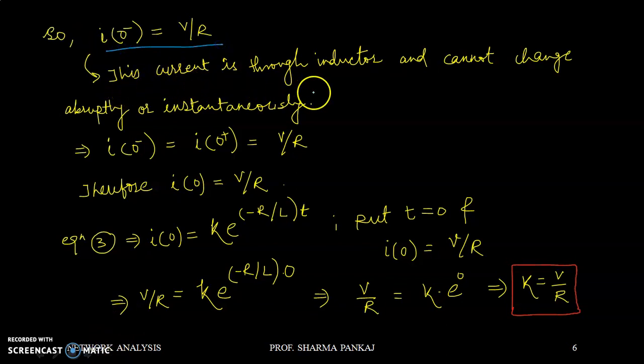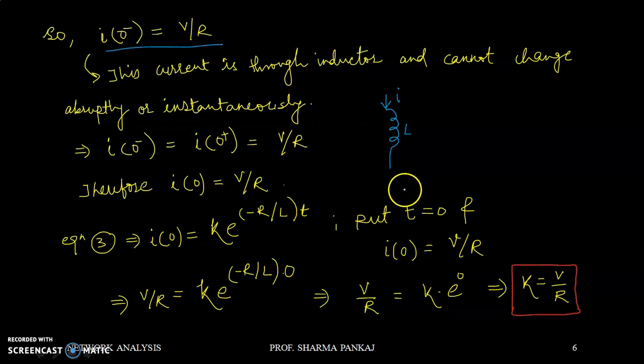This current is through the inductor and cannot change abruptly or instantaneously. This is the condition of an inductor, that it cannot change abruptly the nature or the value of current flowing across it.